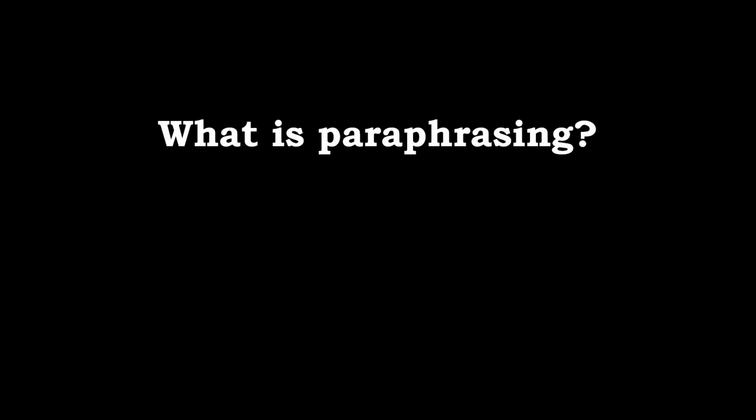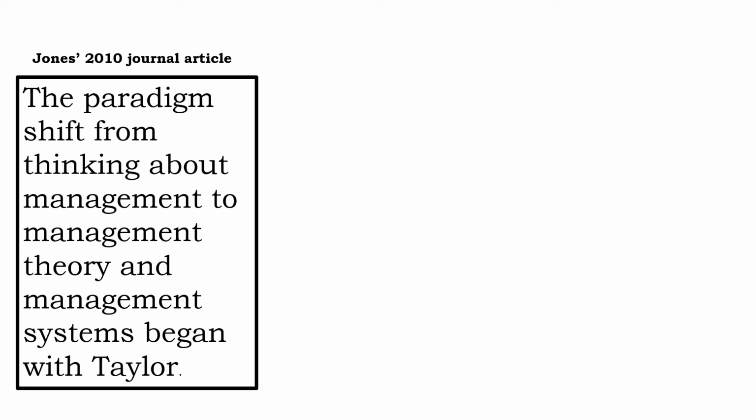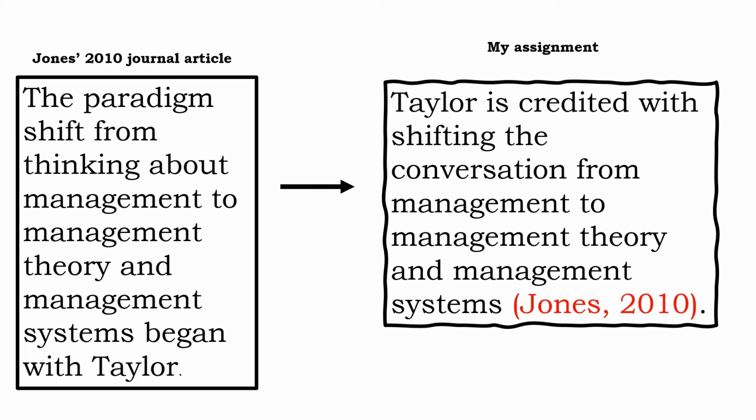What is paraphrasing? Paraphrasing is when you take someone else's statement and restate it in your own words. For instance, you read Jones's 2010 article and you see this sentence. You take this sentence for your assignment. You restate the sentence in your own words.